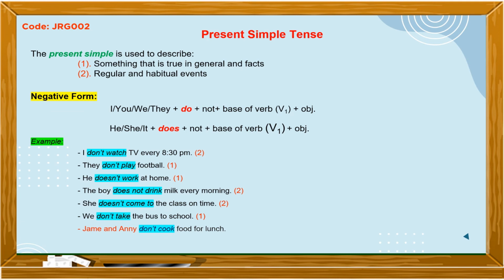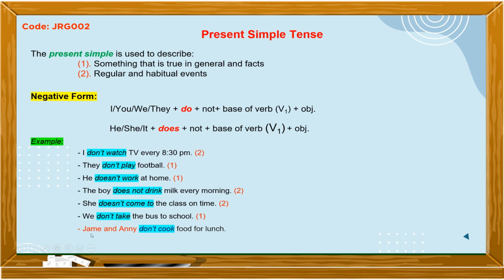Don't worry, everybody. When you see two nouns or two people like this, what we need to do is follow form number 1, because James and Annie can be thought of as equal to the subject they.